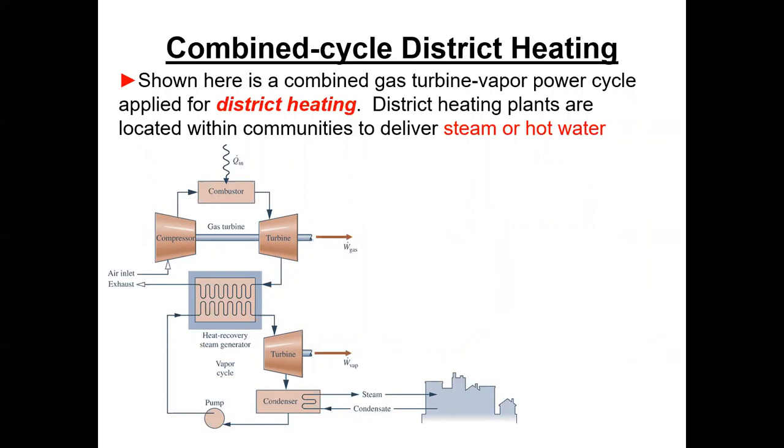Okay. Europeans, not so much of this in the States, but a lot of other countries where people are closer together. We want to put our power plants out in the middle of nowhere where there's really no use for low-grade heat. But in Europe, a lot of the power plants are built right in the population centers, so they'll use some of this low-grade energy to heat homes.